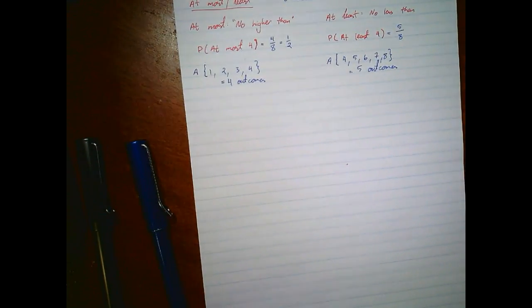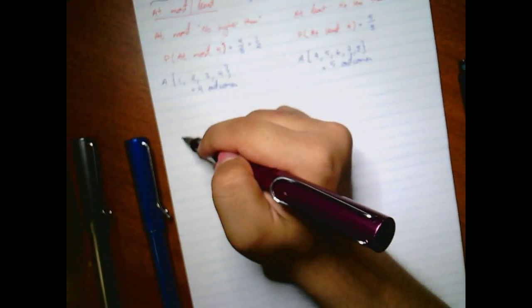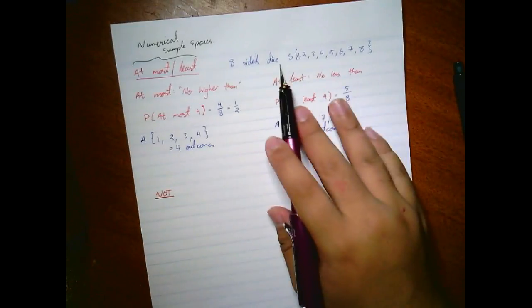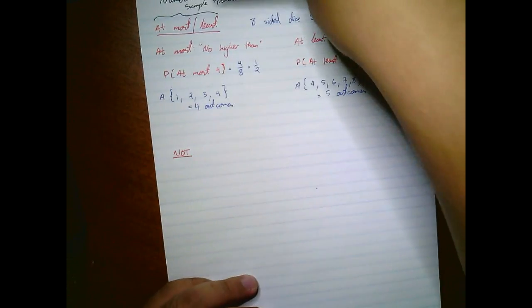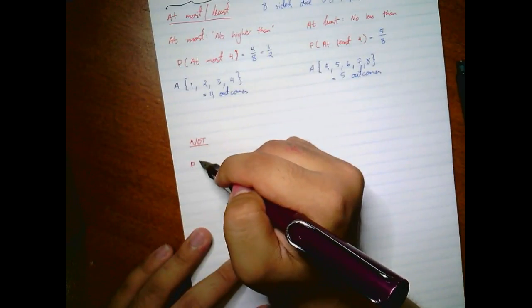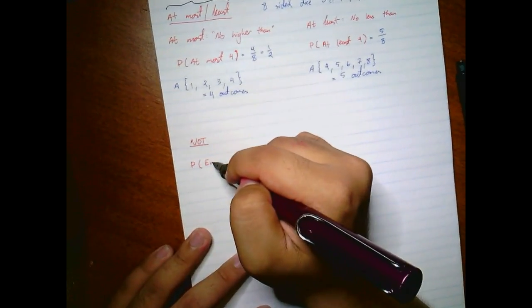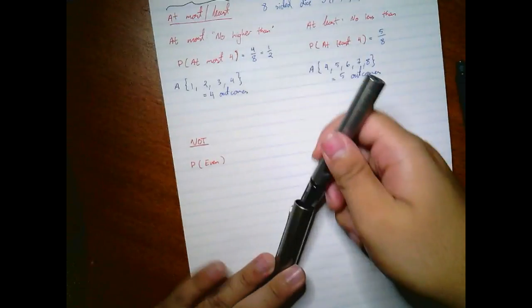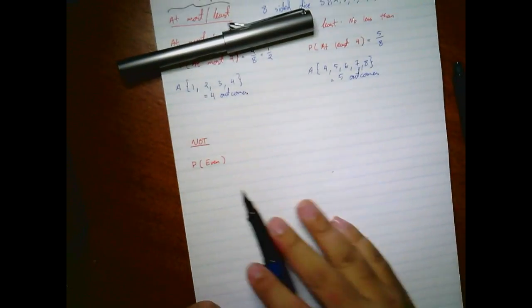And at the very last, we're going to look at the not condition. Now, to make more sense of this again, we're going to stick with the same sample space of an 8-sided die. So for the not, take for example the probability of rolling an even number. Okay. So let's write up the numbers that fulfill even.